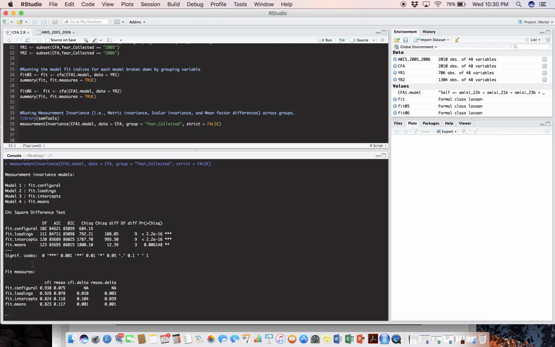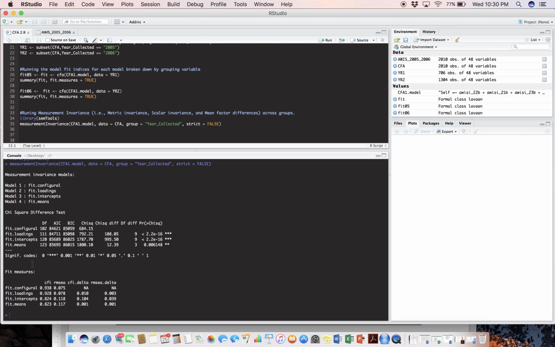We're testing to see whether or not the items in our scale are being measured the same across administration. So from year 2005 to year 2006, time 1 to time 2, is our questionnaire assessing the same items. Ideally, we would hope that doesn't change.